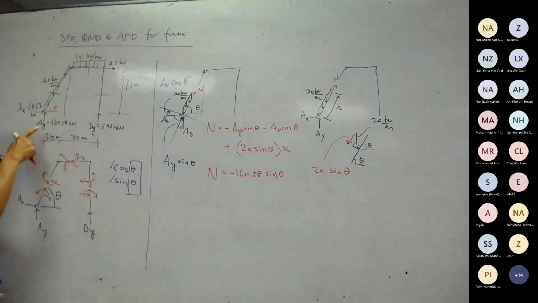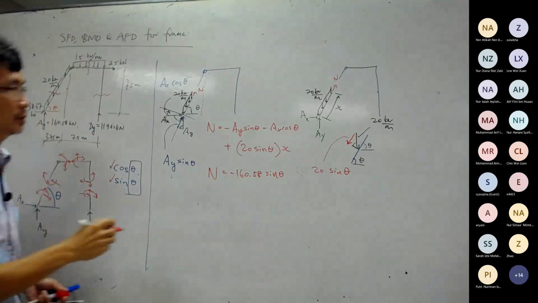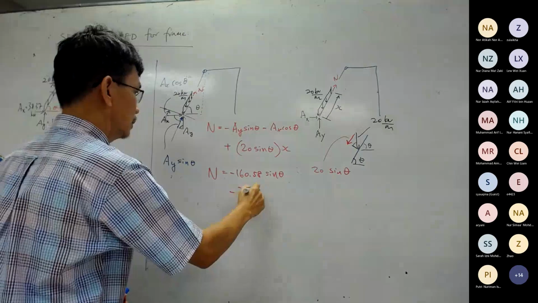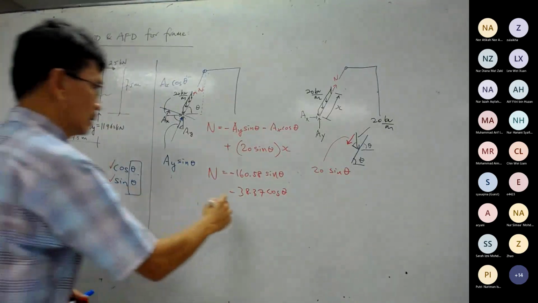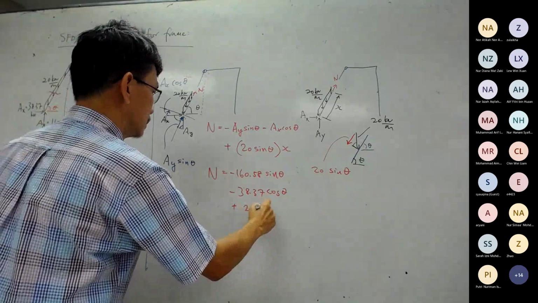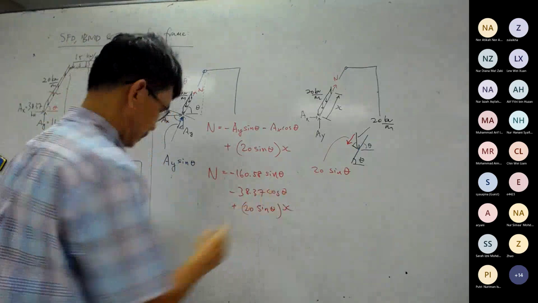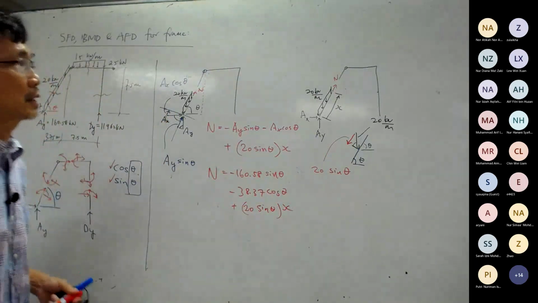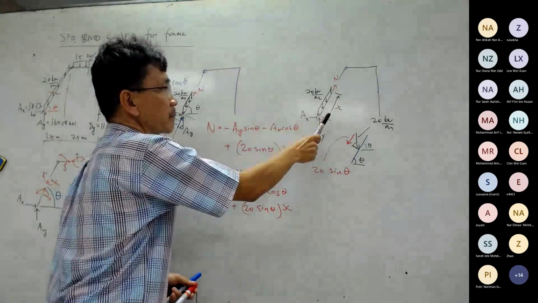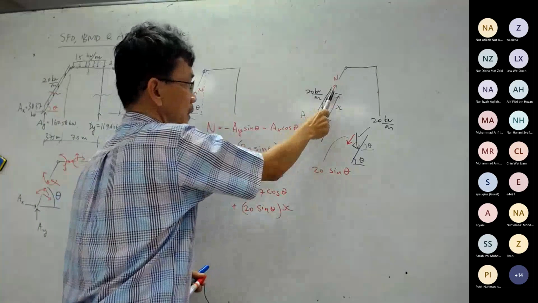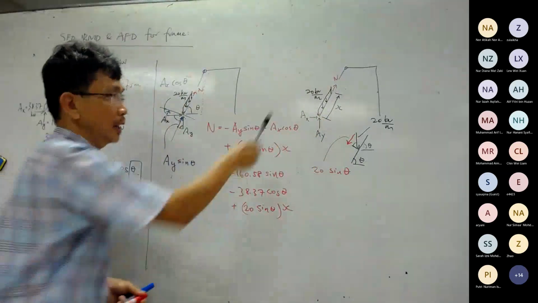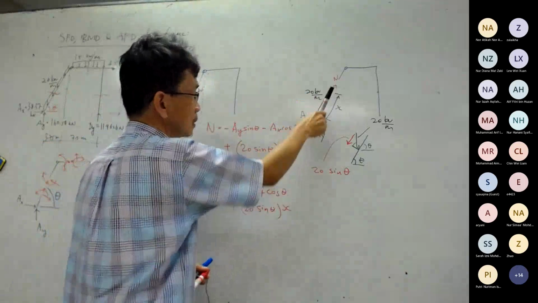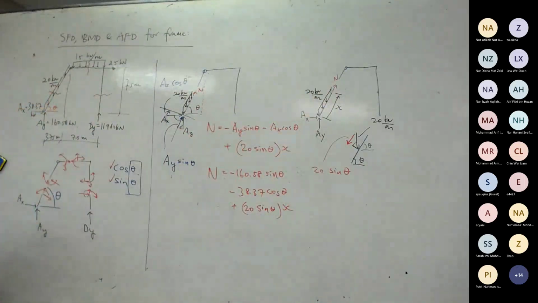So AY is this, okay, and AX is this, 38.37, so minus 38.37 cos theta. Going to calculate the cos theta plus 20 sine theta x. X is the coordinate that we use to represent where the cut section is along this member. So X always follows the member. X is not vertical, not horizontal, always follows the member, in that direction. Okay.